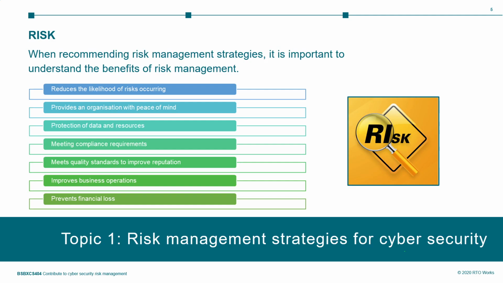So we need to look at the balance between what we're willing to risk against operational procedures. Because it's a catch-22. The more you lock down a system, the less usability you have within that system.